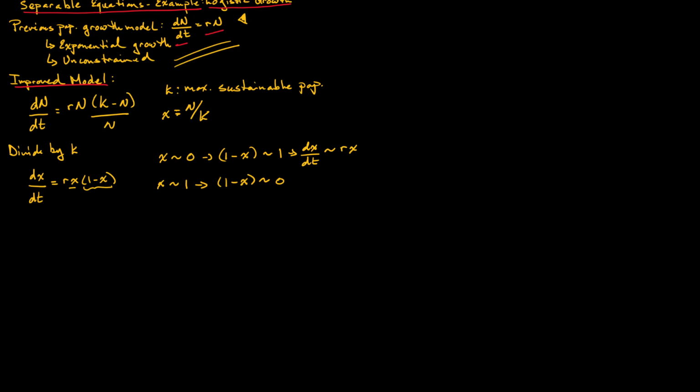And so what this does is that this bracketed term becomes smaller and smaller, thus it decreases the rate of change of x. So at early times we have exponential growth, but later on we no longer have that exponential growth. And we'll plot this later on in our solution.